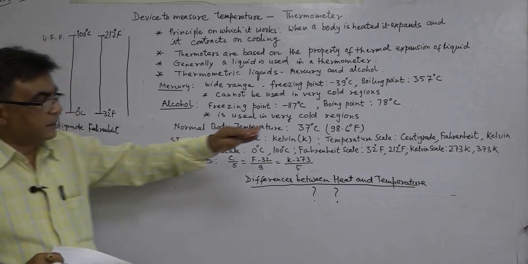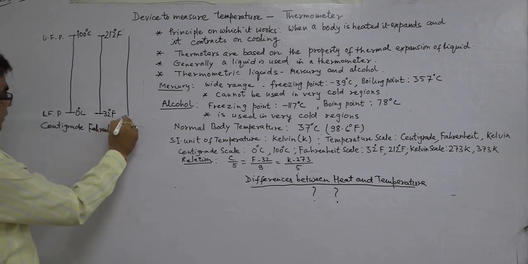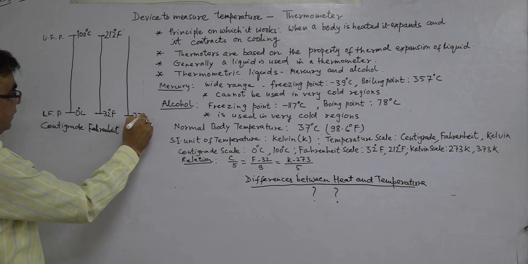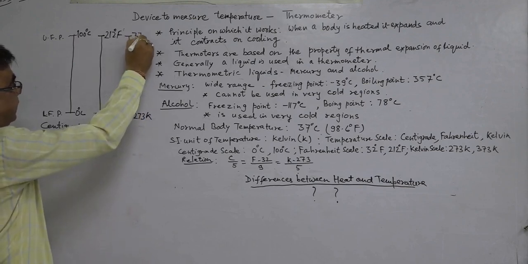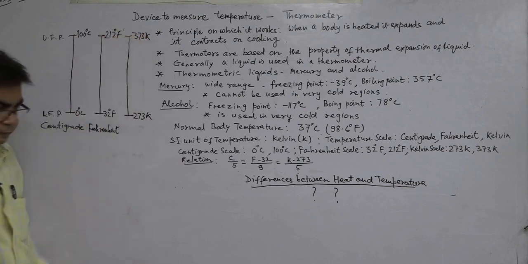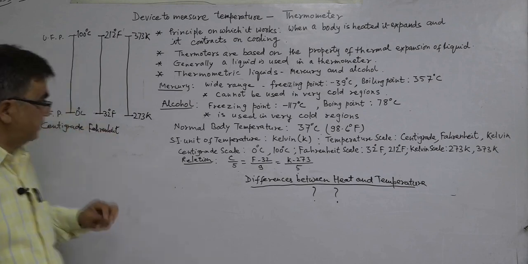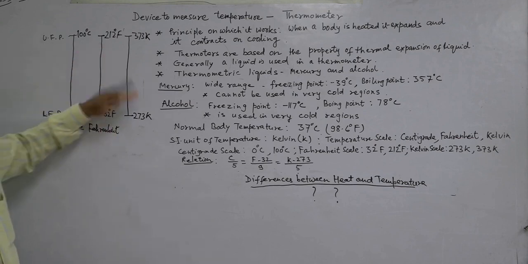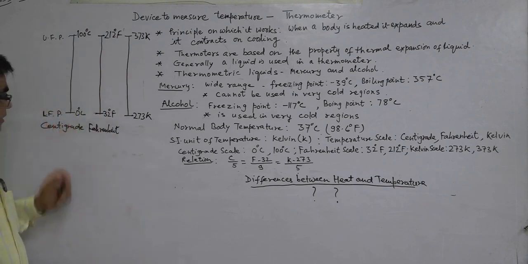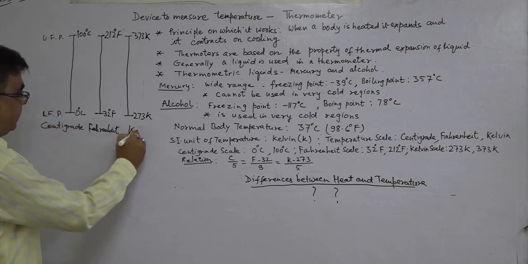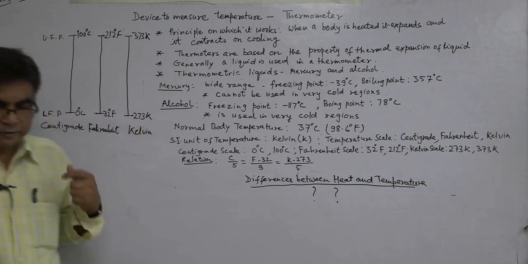Similarly, for the Kelvin scale, the lower fixed point is 273 Kelvin, whereas the upper fixed point is 373 Kelvin. So the very first thing to understand is that for the centigrade, Fahrenheit and Kelvin scales, there are two fixed points, lower and upper.